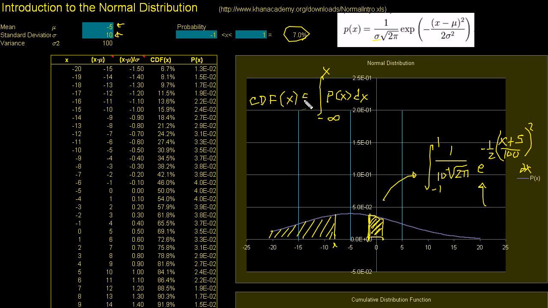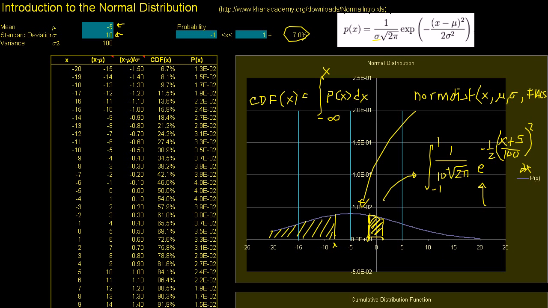When you use the Excel normal distribution function, you have to give it your x value, the mean, the standard deviation, and then you say whether you want the cumulative distribution, in which case you say true, or just the normal distribution, which you say false. So if you wanted to graph this right here, you would say false in caps. If you wanted to graph the cumulative distribution function, which I do down here, let me move this down a little bit.